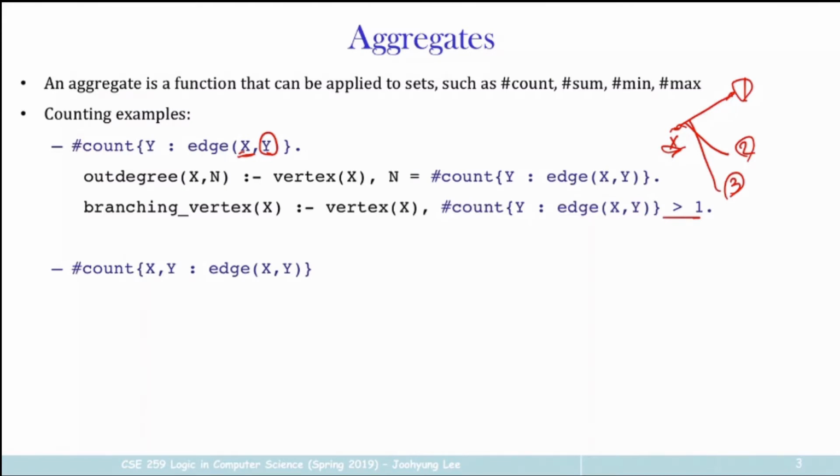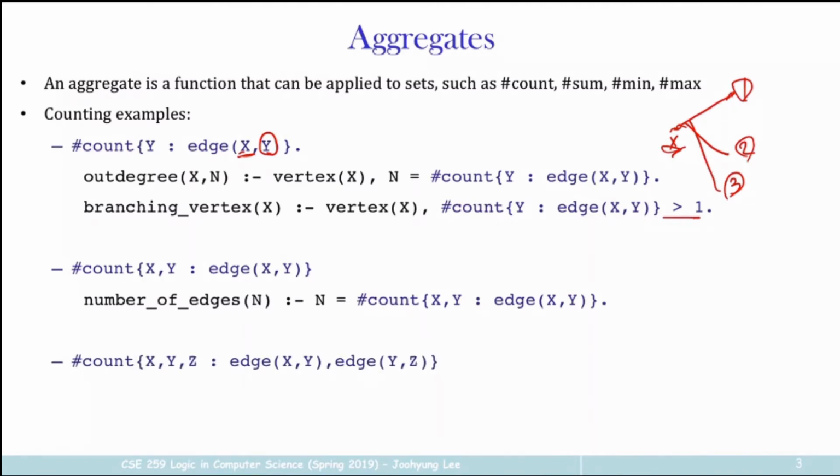So what is actually being counted here? Very simple, right? We are counting the number of edges. Right? So we are counting, given the graph, this rule is saying how many edges are there? Because we are counting the pairs of the vertices, and each pair of vertices is exactly the edge. So we are counting how many edges are there in the graph. Okay?